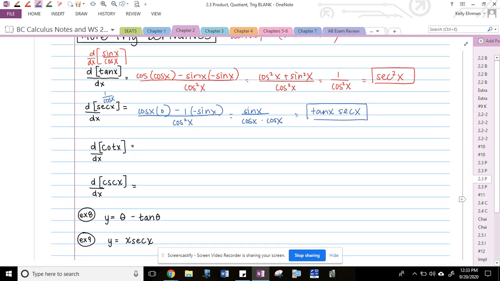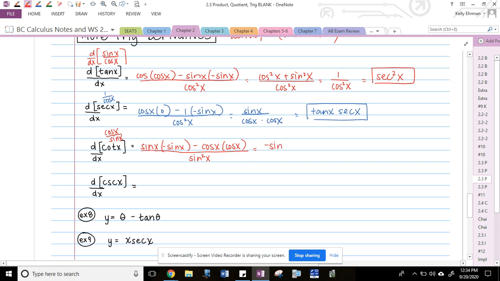Derivative of cotangent x. So cotangent is cosine over sine. Low d high minus high d low all over low low, sine squared x.